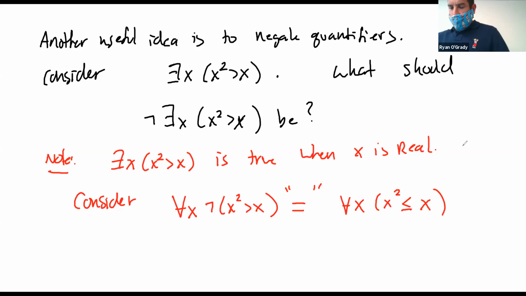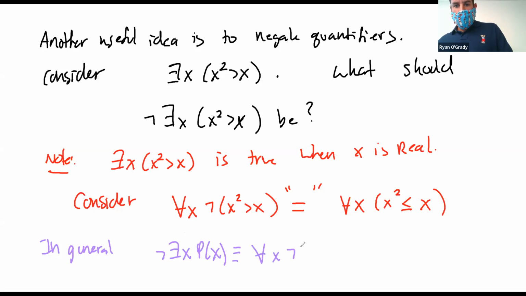So in general, and this might sort of be scary, the negation of there exists x p of x is actually logically equivalent to for all x, the negation of p.